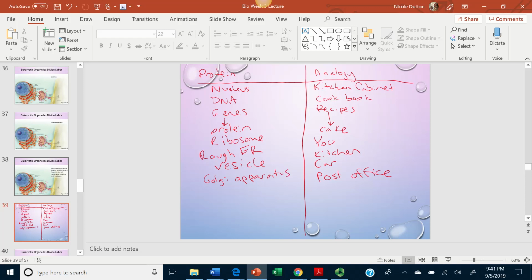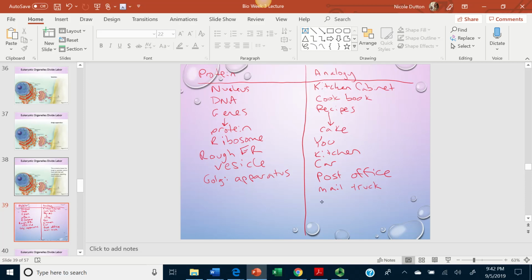If you recall what I said the function of the Golgi apparatus is, I said it packages and modifies substances to be shipped out of the cell. It's kind of like a post office. So at the post office, you put it in a box, put an address label on, and so forth, and get it ready for shipment. So then you're going to go in the mail truck to your aunt in Arizona. Well, not you. The cake will be. But anyways, you get the point.